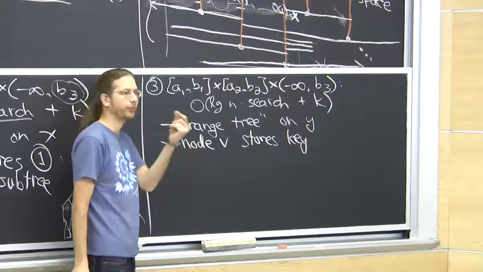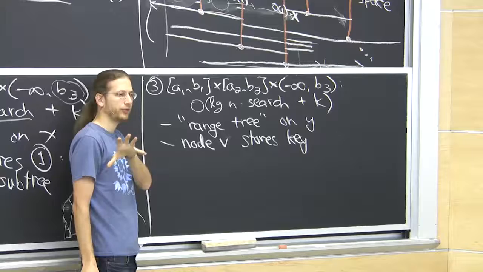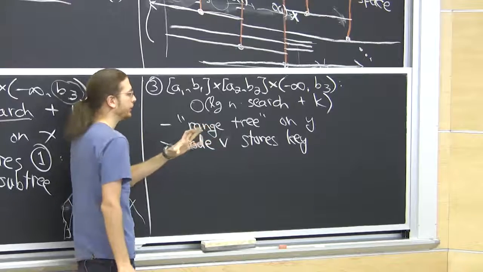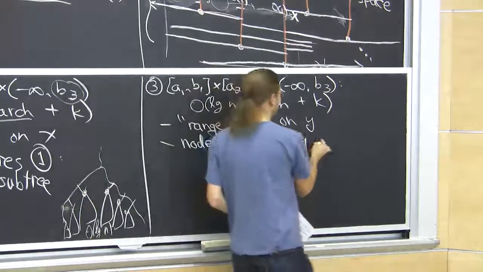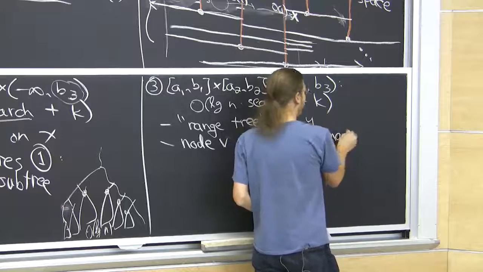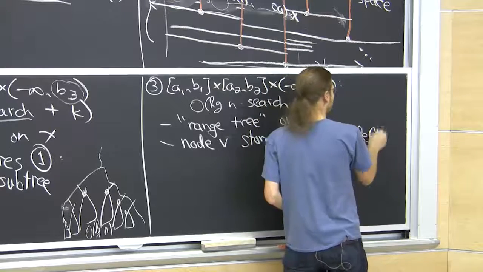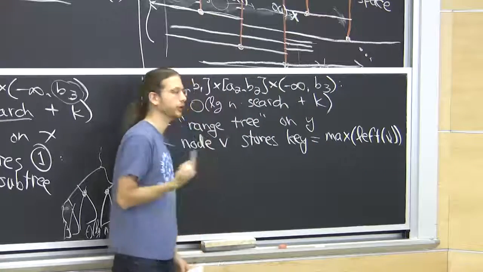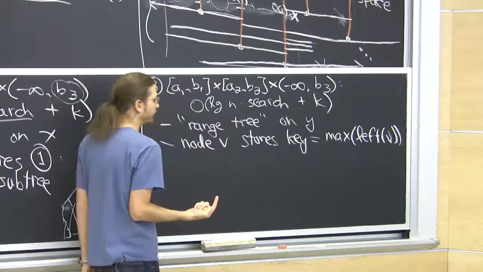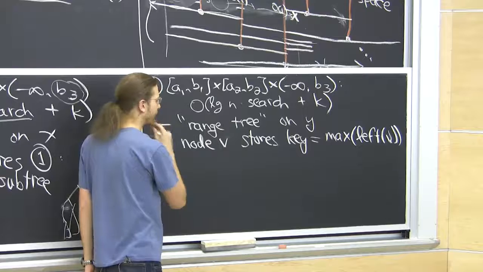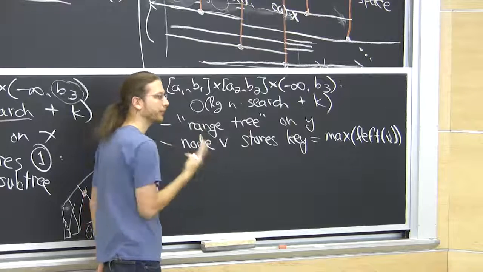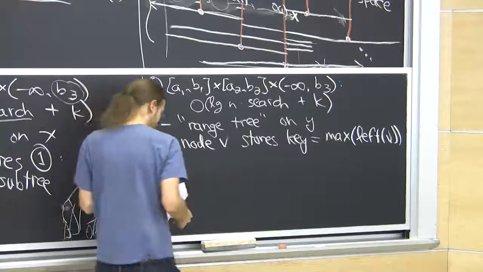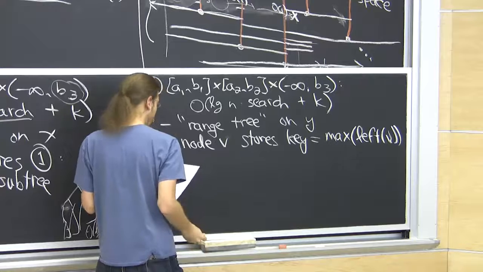It just has to store something that's in between what's in the left subtree and what's in the right subtree. So I proposed you could store max of left subtree. And that's enough to do a search. Then you know whether you should go in the left subtree or the right subtree. Just compare with that key. So same as before, we're going to store that key, except now I'm making it explicit because we really need to know what that key is.